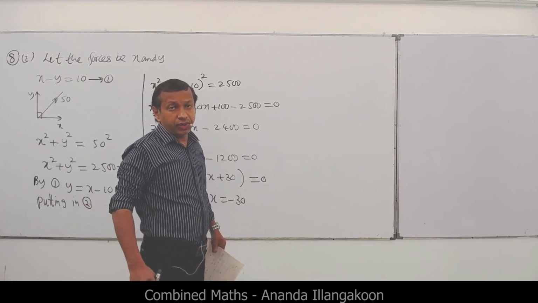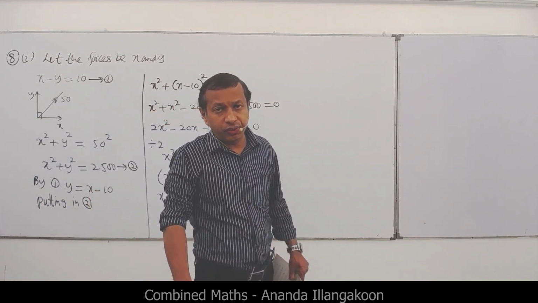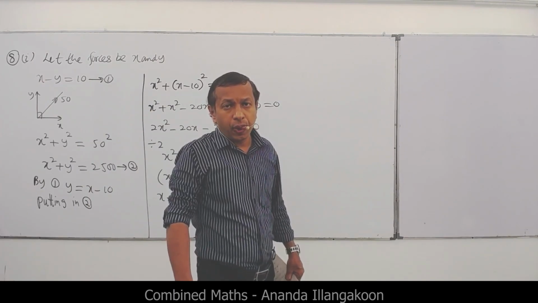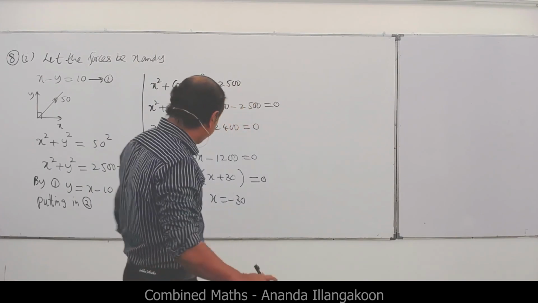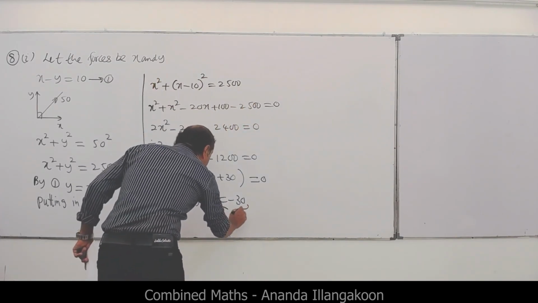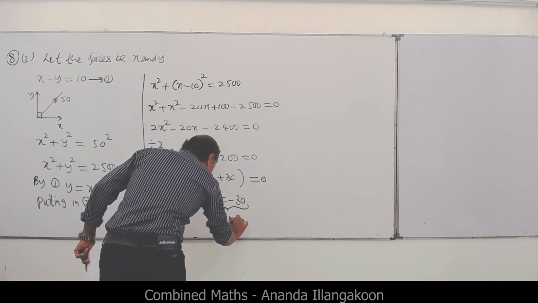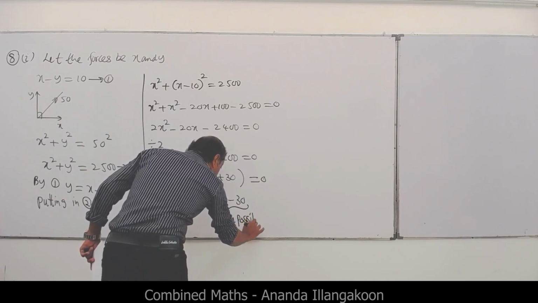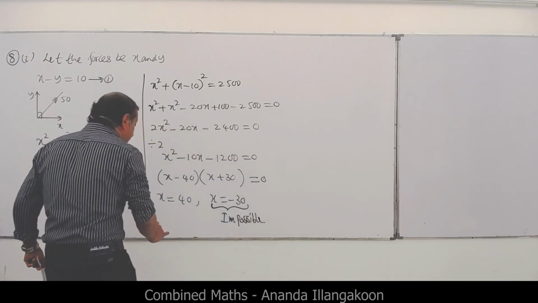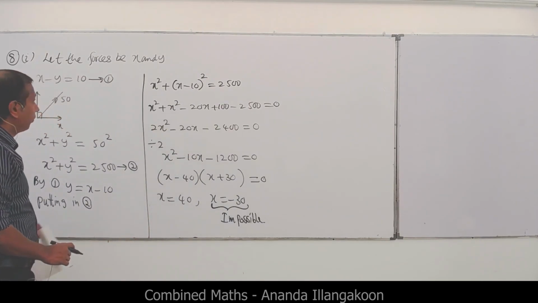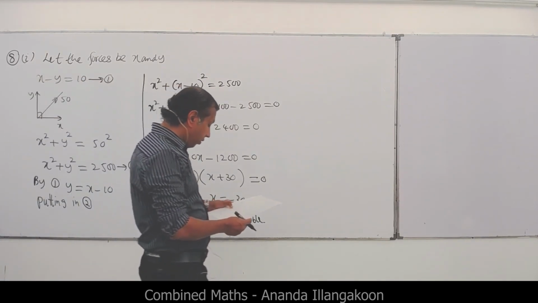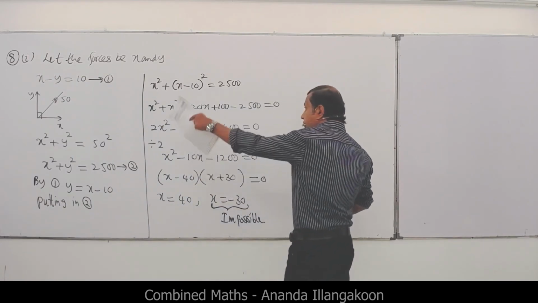The force has a magnitude. In this case, we consider only the magnitude of the force, right? Magnitude means size. Size cannot be negative. This is impossible. So therefore x is 40. Then one force is 40. Therefore y should be 30, no?